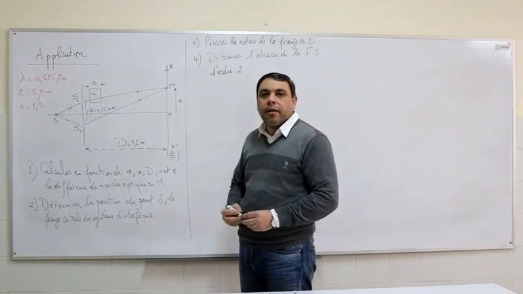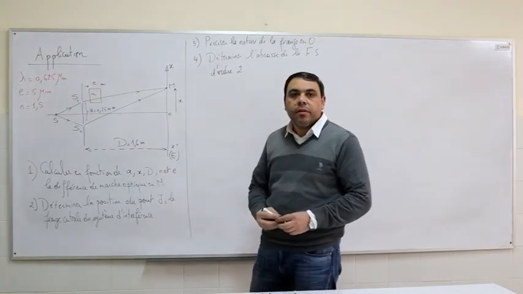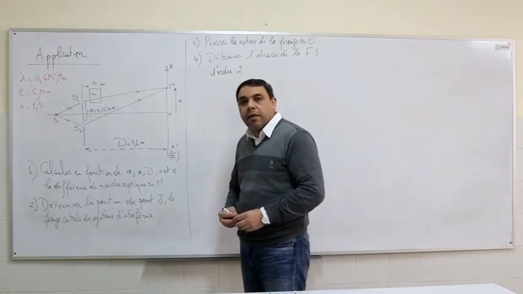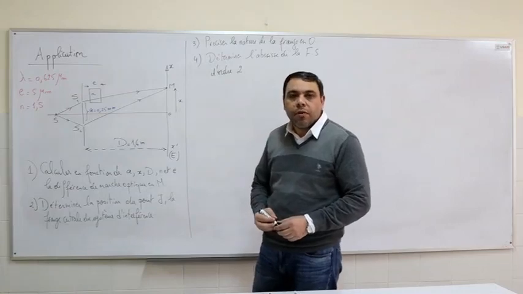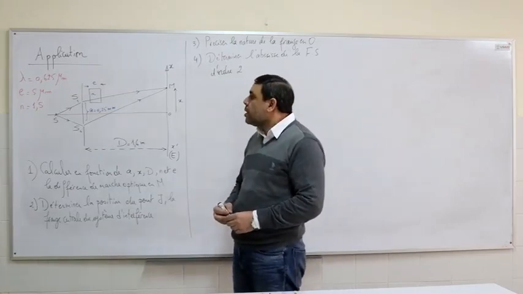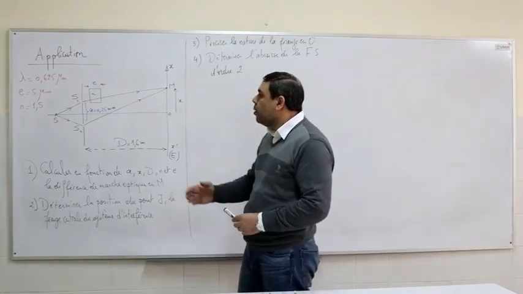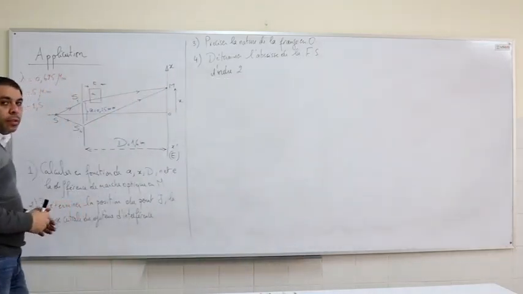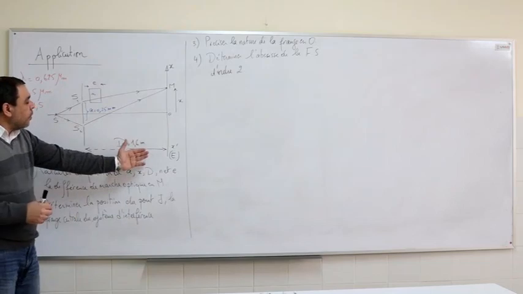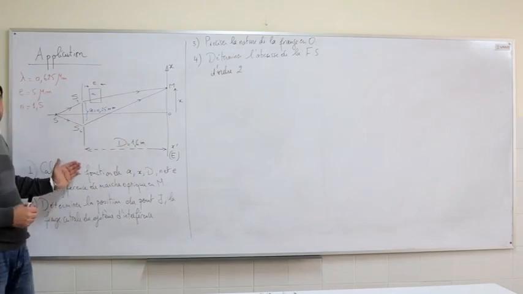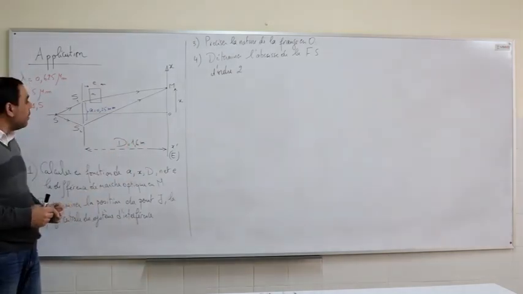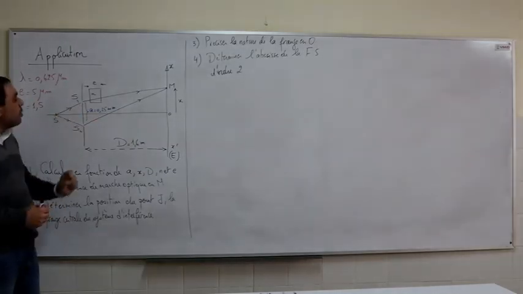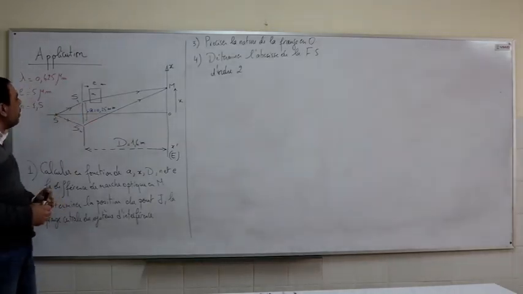Now we are going to solve an application. Consider Young's setup, where S1 is covered by a thin parallel plate. The distance between the observation screen and the plane of the slits is 1.6 meters. The distance between the slits is 0.25 millimeters.